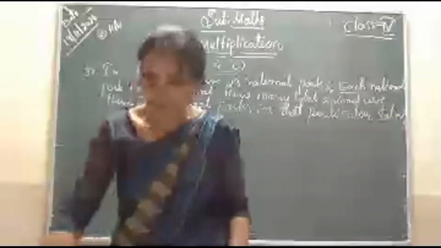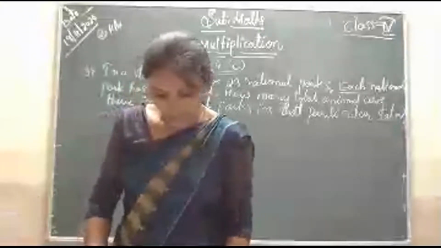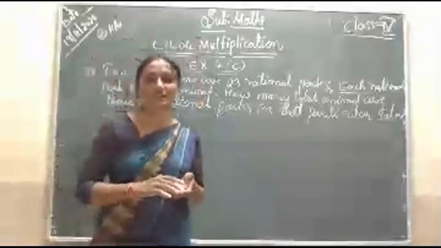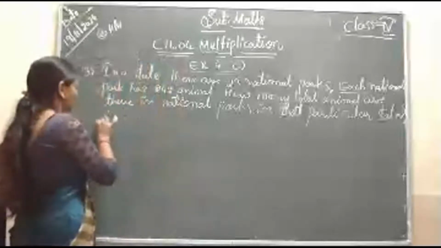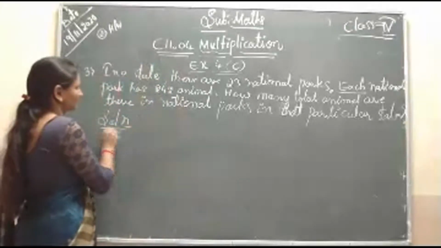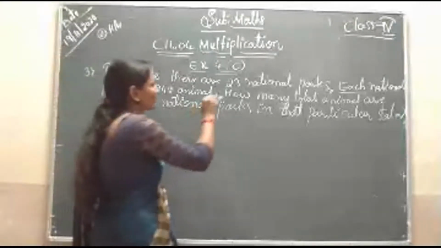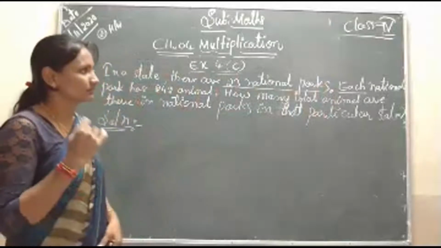Yes, so you know the question. First you have to write the number of parks. What is the total number of parks? So first you have to write the solution. So you know that in a state, how many total national parks? That is 23 national parks.